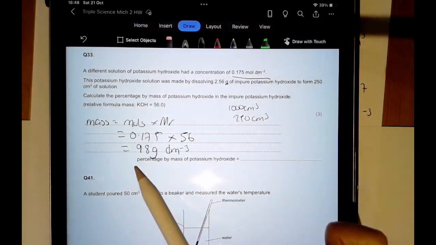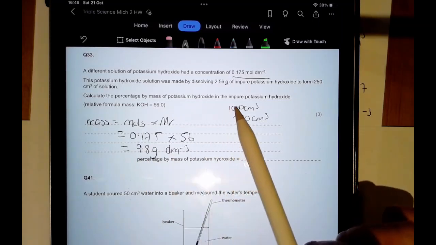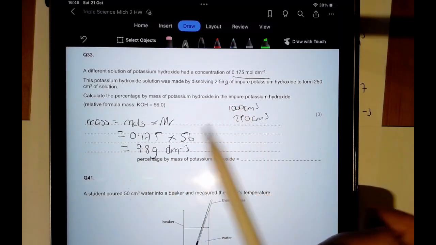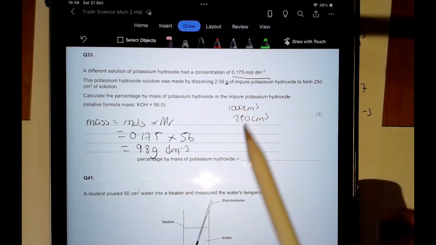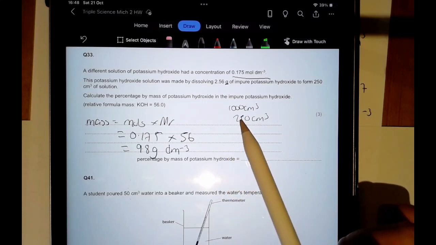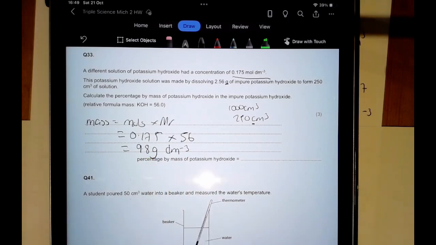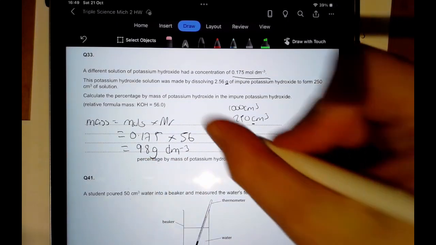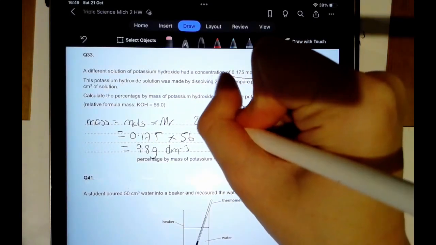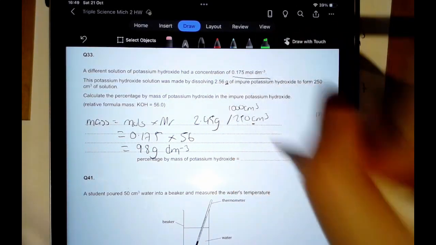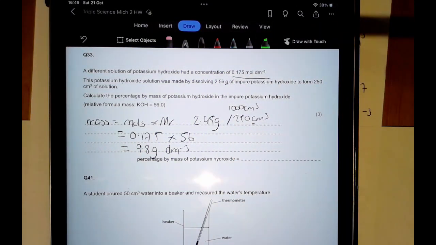So if I've got 9.8 in 1,000 centimetres cubed, how many do I have in 250 centimetres cubed? Well, 250 is 4 times smaller than 1000. So I need to divide 9.8 by 4. And I'll see that I've got 2.45 grams per 250 centimetres cubed.